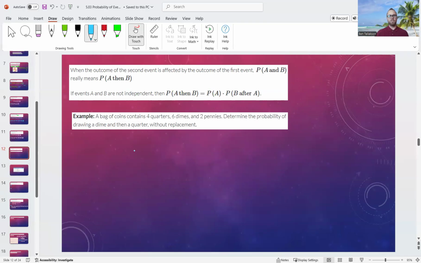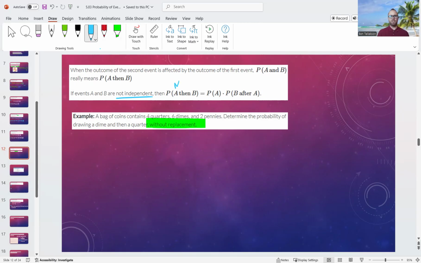A bag of coins contains 4 quarters, 6 dimes, and 2 pennies. Determine the probability of drawing a dime and then a quarter without replacement. Okay, these are what kind of events? Dependent. Dependent events. Okay, that's what we're talking about, not independent. Okay, drawing a dime, then a quarter.